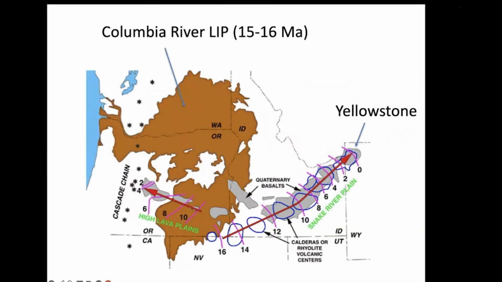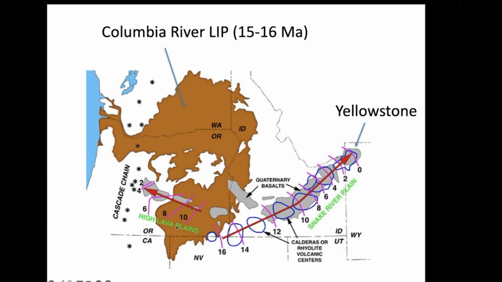I want to talk about our LIP. So this is the Columbia River LIP. This is Washington State, this is Oregon, this is Idaho, California, Nevada, Utah, Wyoming. So what you see here is the LIP, the Columbia River flood basalts. Remember, we use flood basalts as a synonym for LIP, large igneous province. And this is 15 to 16 million years.